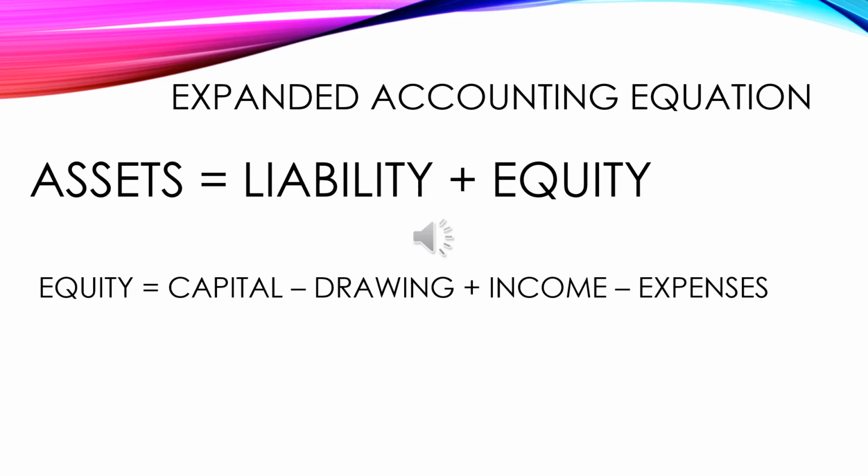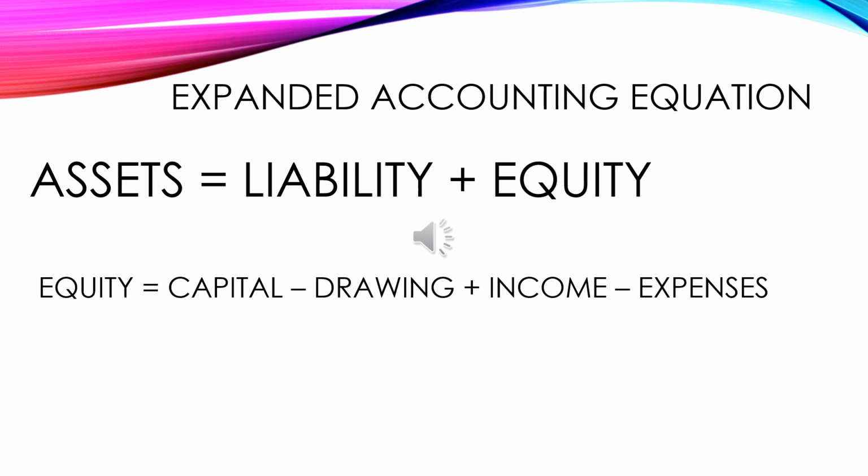And when we discuss liability, liability could be in the form of accounts payable, notes payable, loans payable, mortgage payable, anything that could be a future obligation on the part of the business.